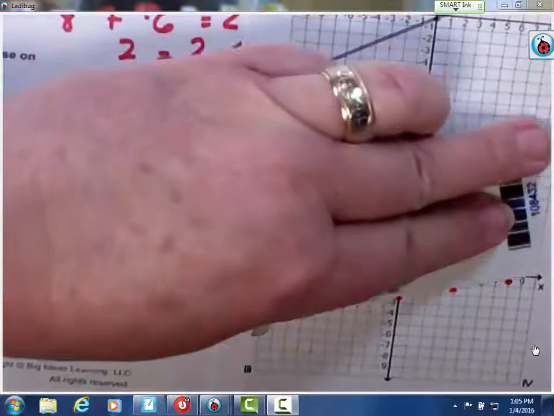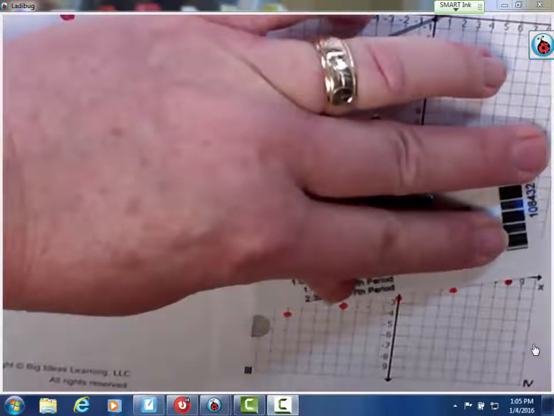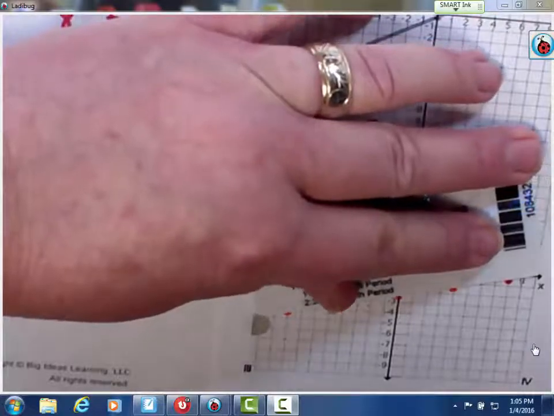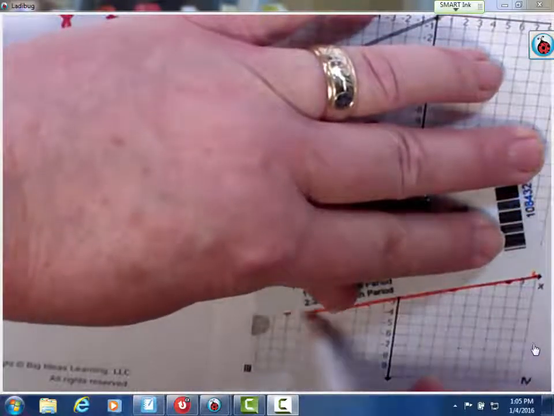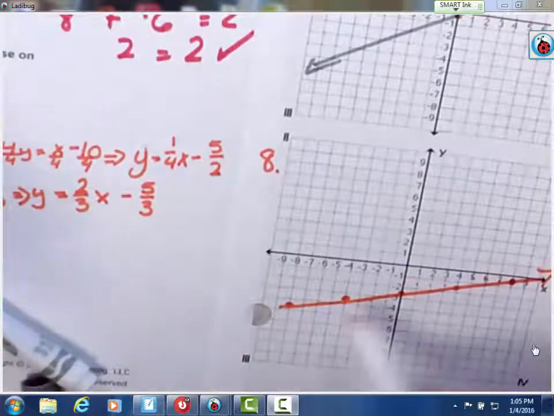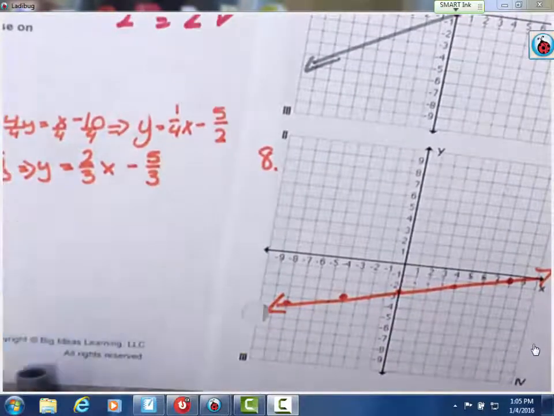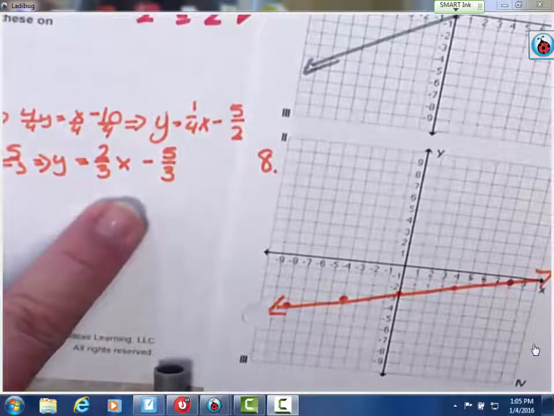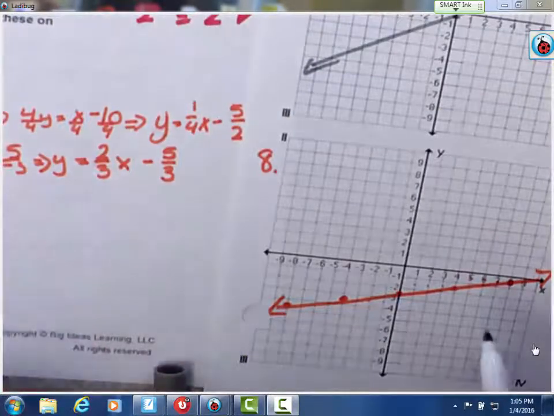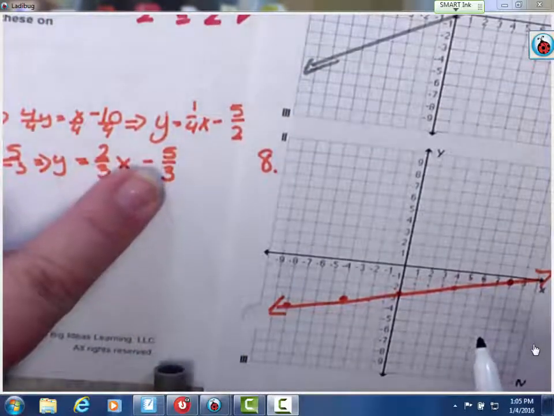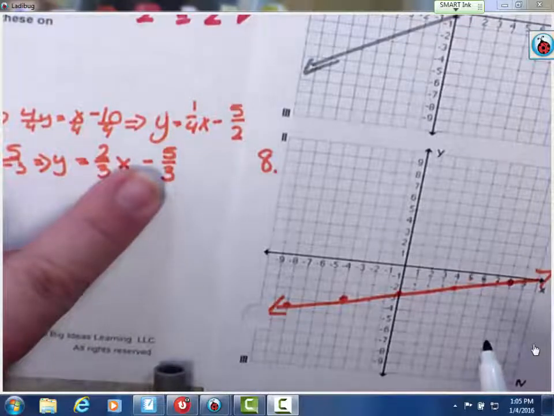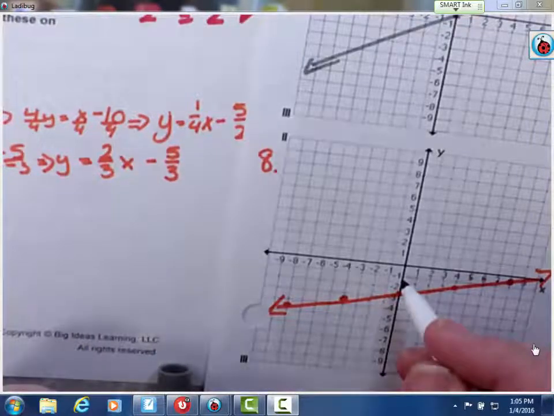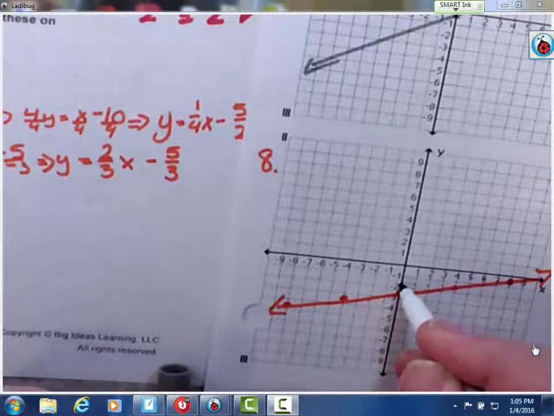Get out my straight edge. And then my other equation here was y equals 2/3 x minus 5/3. So -5/3 would be -1 and 2/3. So -1 and 2/3, so about there.